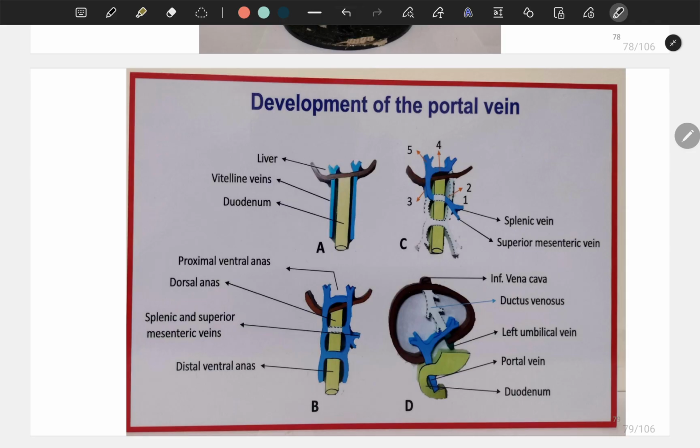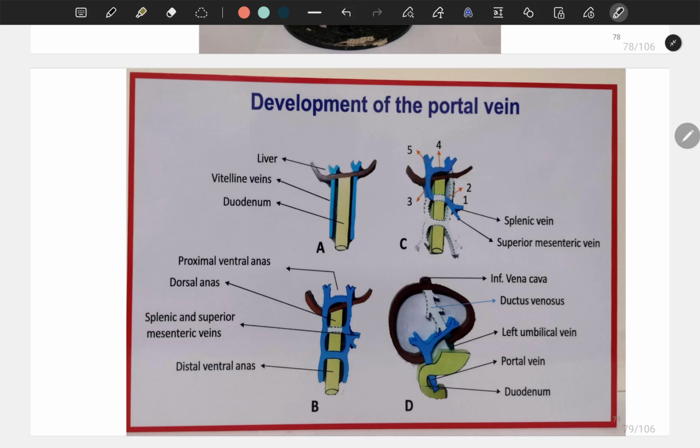Okay, that is vitelline vein present behind the liver. Infrahepatic vitelline vein. Okay, this is duodenum. Now there will be a formation of anastomosis, that is called 8-shape anastomosis. See, this is 8-shape anastomosis.